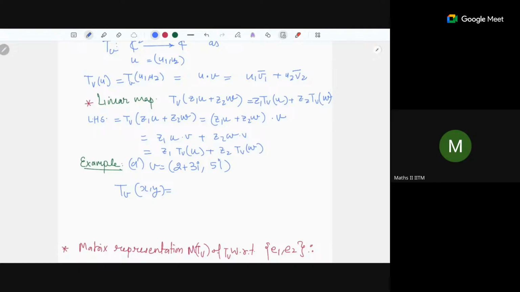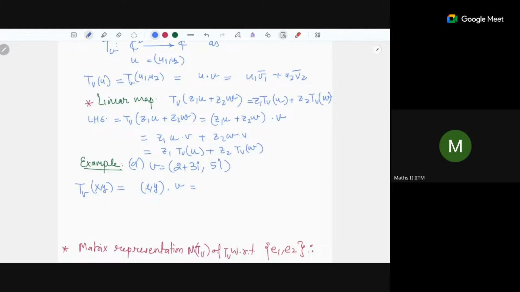Now what is T_v(x, y)? This is (x, y) dotted with v.